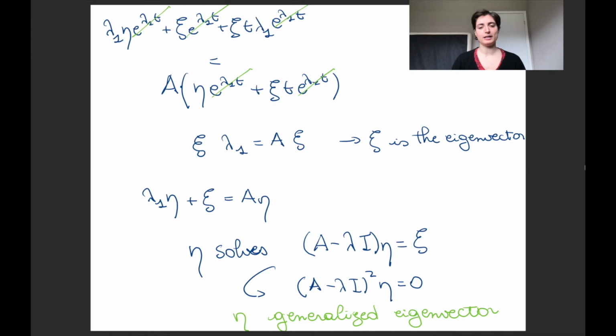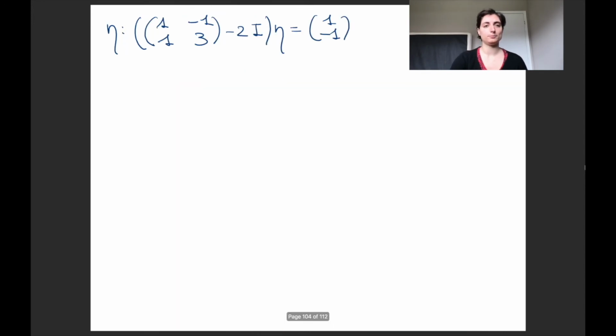Or we can rewrite it as (A minus lambda I) squared times eta is equal to 0. In this case, we call eta the generalized eigenvector. It solves something that is a bit more general than the usual eigenvector formulation. So we have found a non-zero solution of our problem.